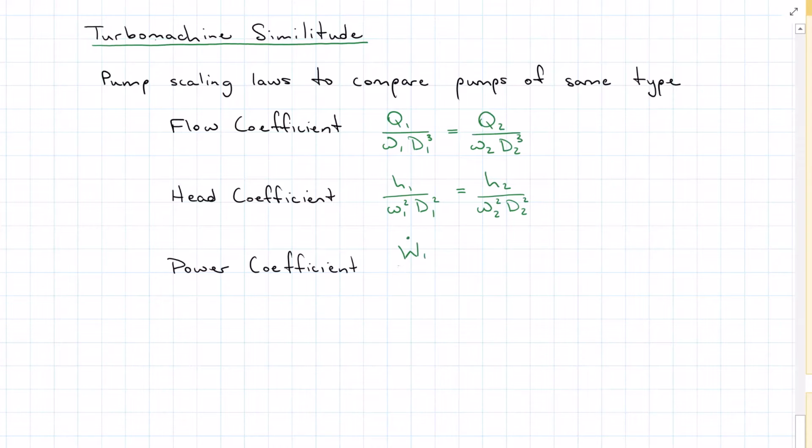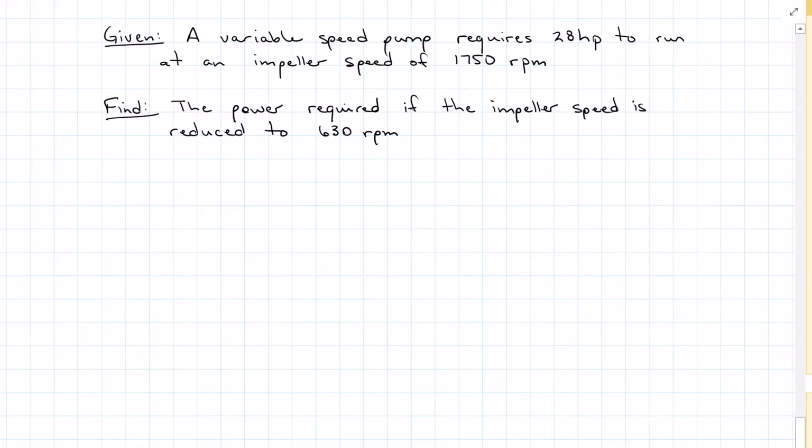So that's the pump power 1 over the impeller speed cubed and the diameter of the impeller to the 5th, equal to the power of the second one, its impeller speed and diameter.